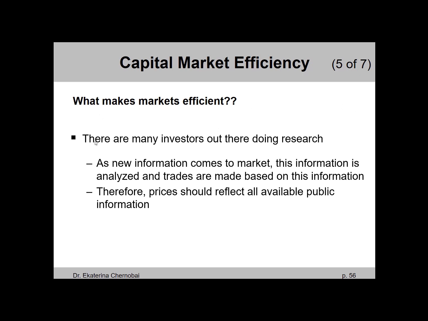So it's because there are a lot of investors out there doing research, gathering information on companies, trying to be the first to sort of beat the market, the first to find something new out and make the right next move, buy or sell a lot of shares of a specific company.